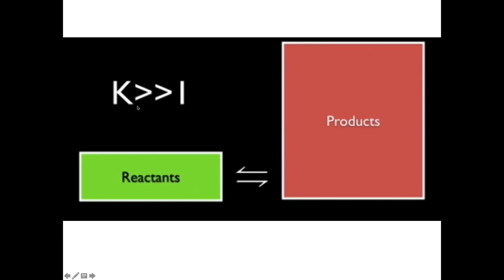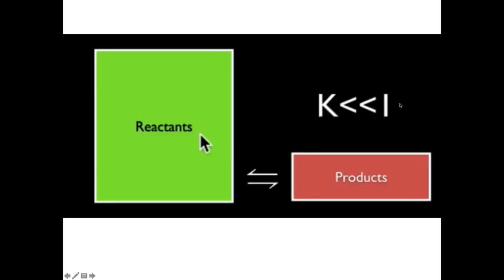If K is really big, 1 or bigger, you would anticipate you're going to have more products than reactants. And the bigger the K, the more products to reactants that you have. On the flip side, if K is less than 1, no matter how small it is, you're going to have more reactants and fewer products.